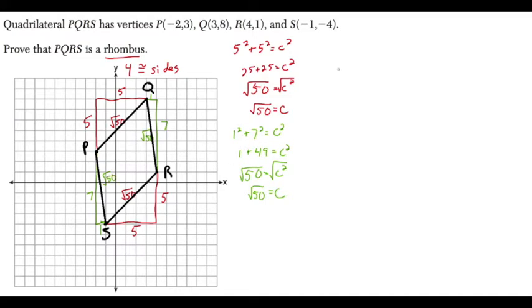Now, to finish off this proof, you just have to write a very, very quick statement. Just: PQRS is a rhombus because all 4 sides are congruent.